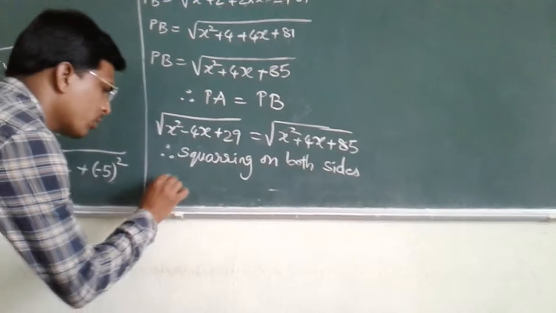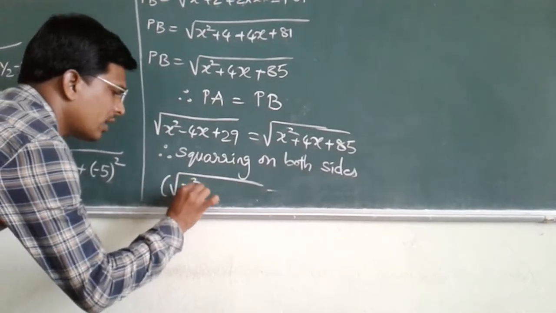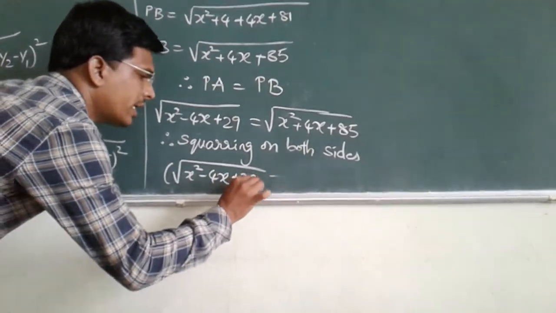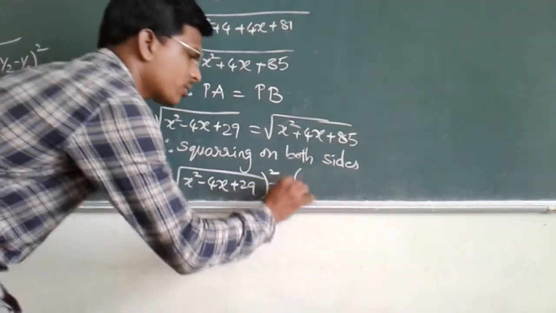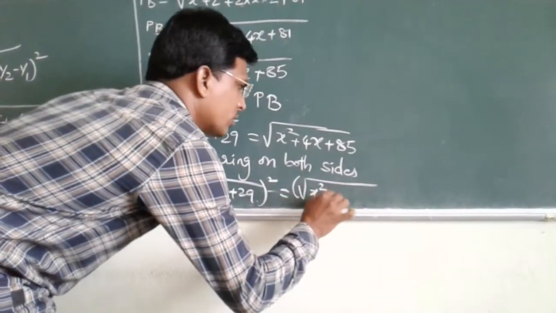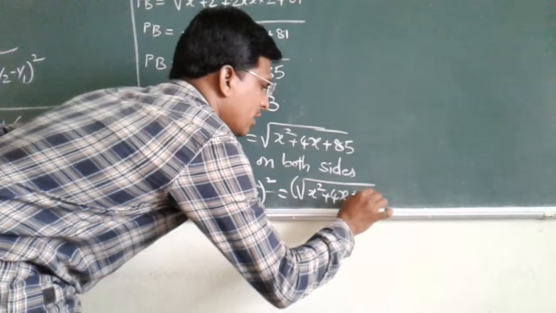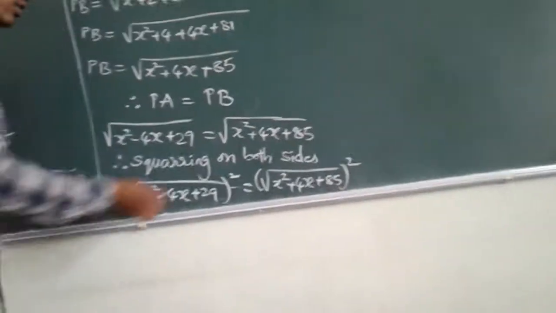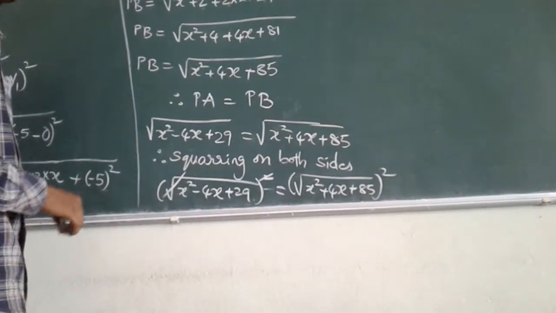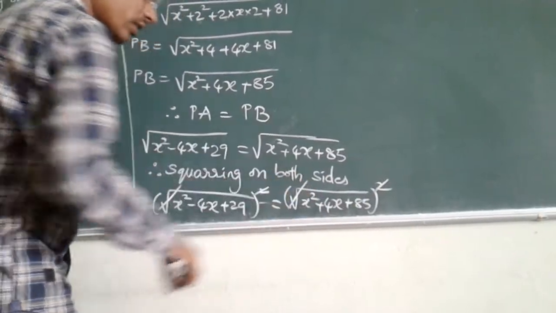If I square on both sides, I will get under root of x square minus 4x plus 29 whole square is equal to under root of x square plus 4x plus 85 whole square. Square and square root cancel.